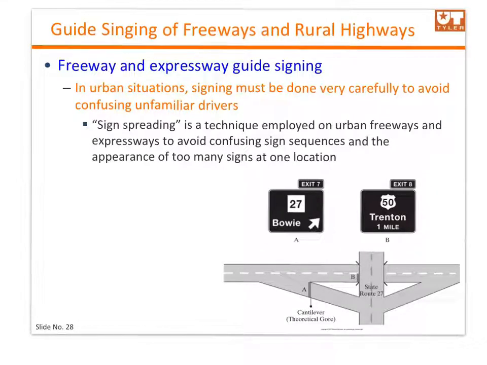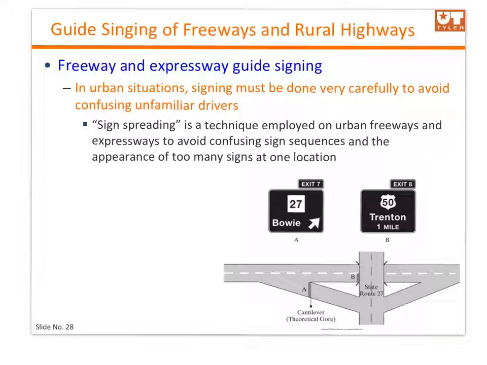For example, it looks like here we have two places where we can exit. If you want to take this exit at point A, you need to put this sign right there to indicate that this exit is going to take you to this city, and this is the exit number.